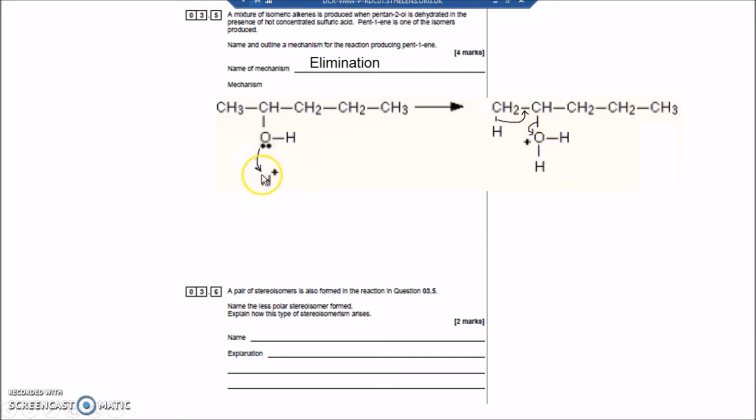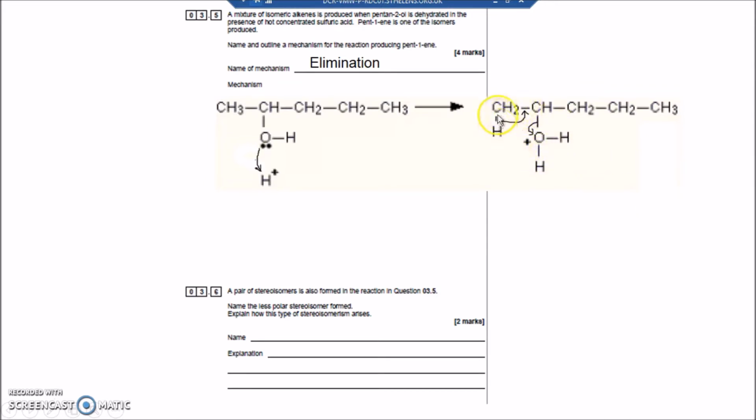The electrons are moved onto the H+, so it loses its plus, and the O has electrons move away from it, so that gets the plus. Then the water breaks off, the bond breaks here, and the electrons go onto the O, which removes the plus on the O and makes H2O.